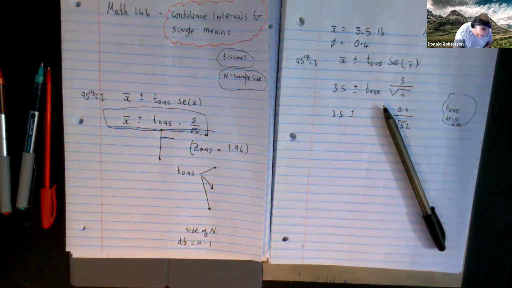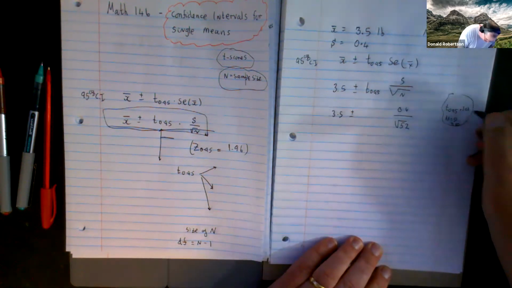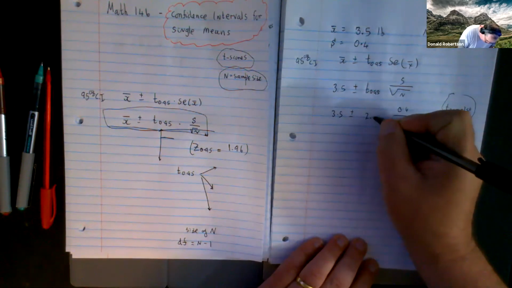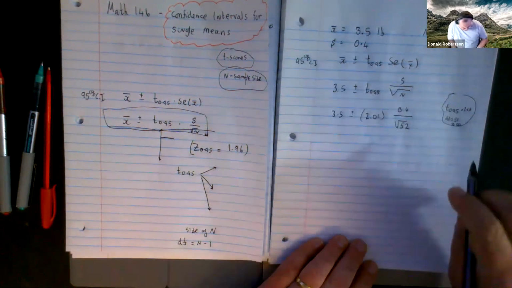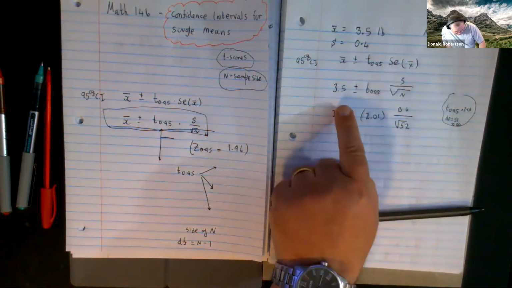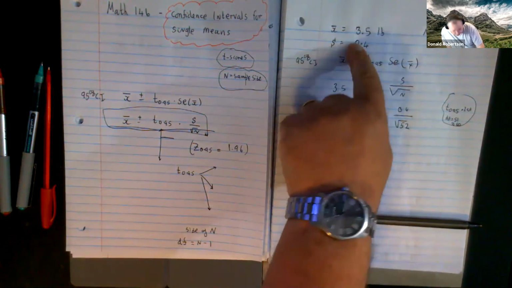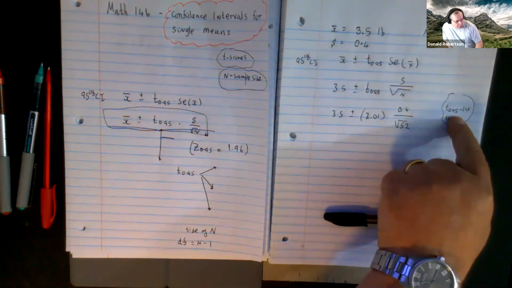And if my eyesight is telling me the truth, it's 2.01 I'm going to use. Right, so you're comfortable about the formula that we're going to use and where each of these numbers come from. Most of them you're just told, and one of them you have to look up in a table.